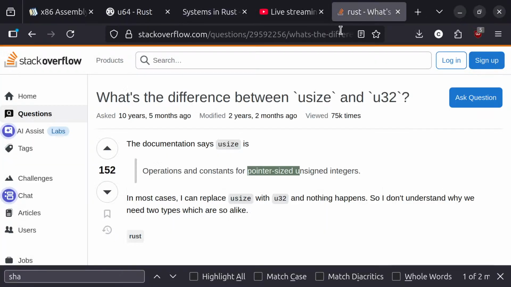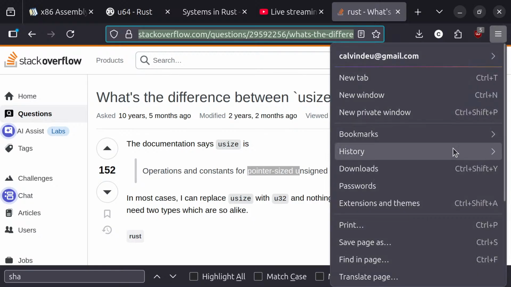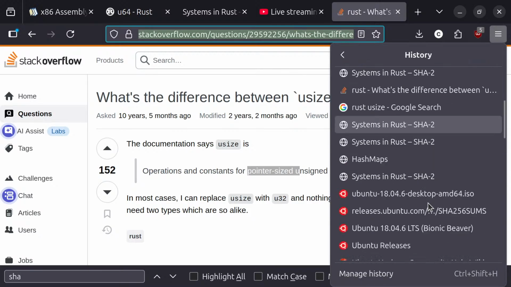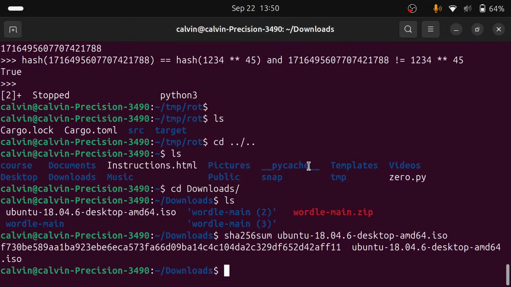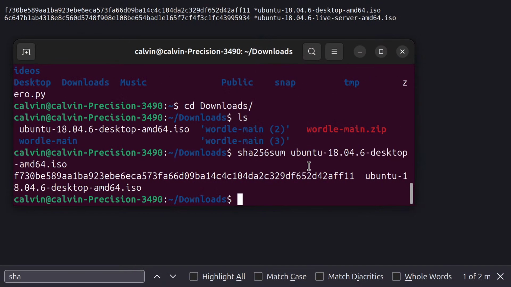And then we will come find, was it in my history? Okay, so Ubuntu has reported to me that I should get something that starts with F730, and it's the same as this.